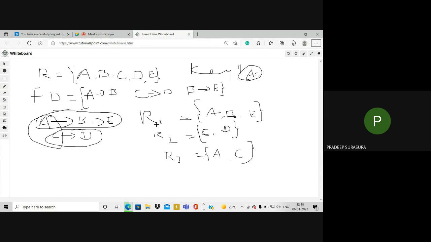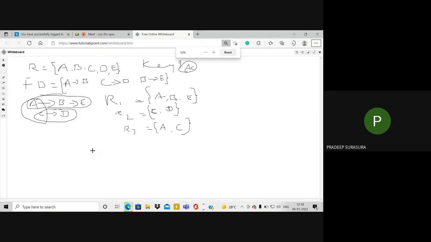So you can normalize R1 to third normal form, stating that according to the definition of third normal form, B determines E violates third normal form. So normalize R1 to AB in one table, or I will just write like this. Please erase this.